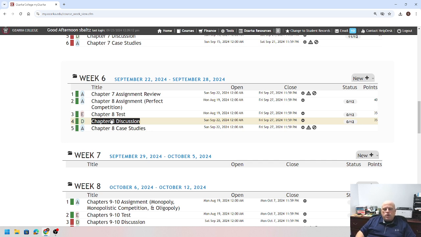All right? So it's important as we start on chapter 8 that we think about how this is just one type of market structure that we're looking at, and there are actually others that we'll be looking at in chapters 9 and 10.